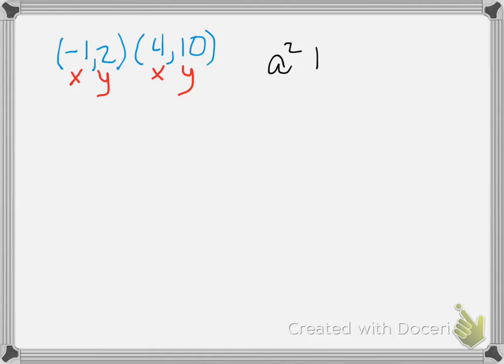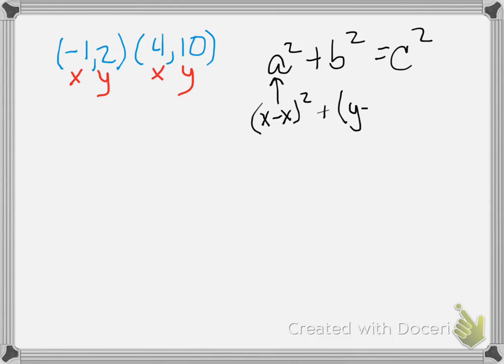is a squared plus b squared equals c squared, and I just showed you that you can get a by subtracting your x's, or b, it doesn't matter which one you pick, and you can get the other one by subtracting your y's.